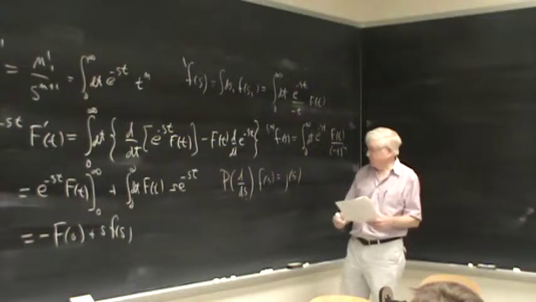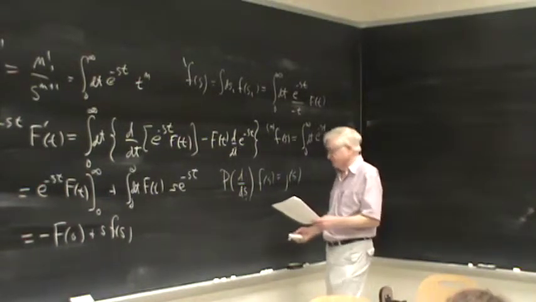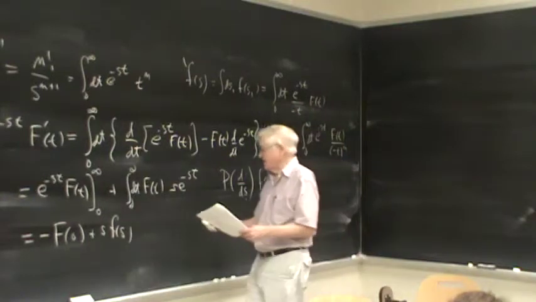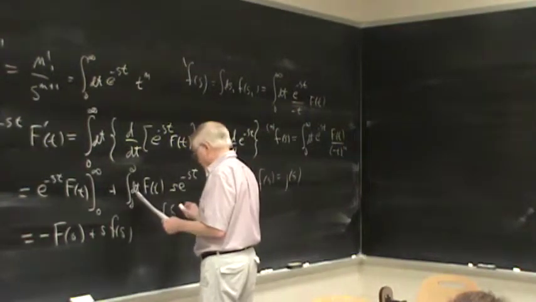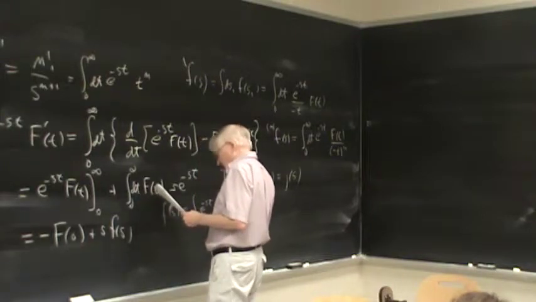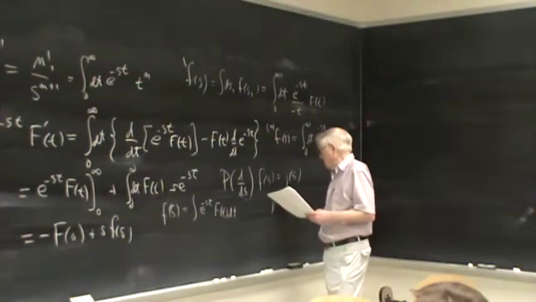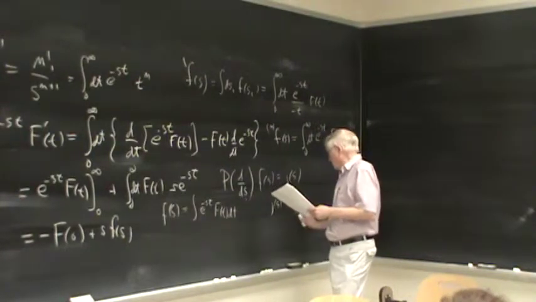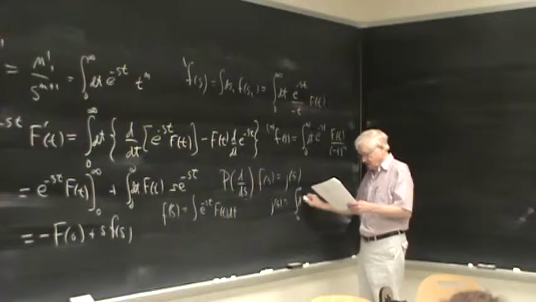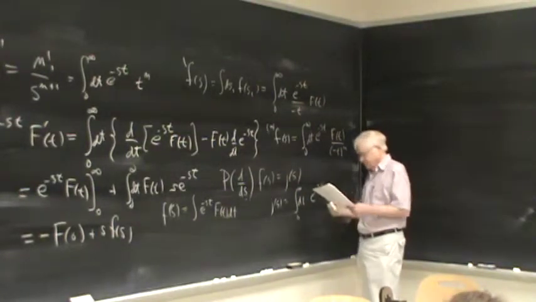And what we do is that we then write F and J as Laplace transforms. So we say, of course, F of s is integral e to the minus st, big F of t, dt, and J of s is integral 0 to infinity dt e to the minus st, j of t.